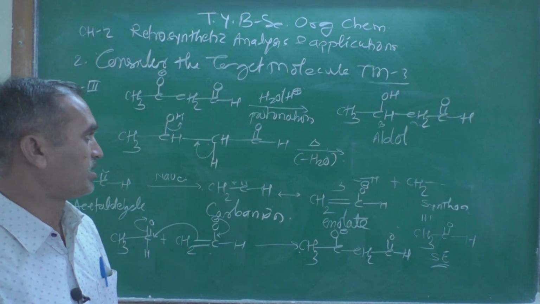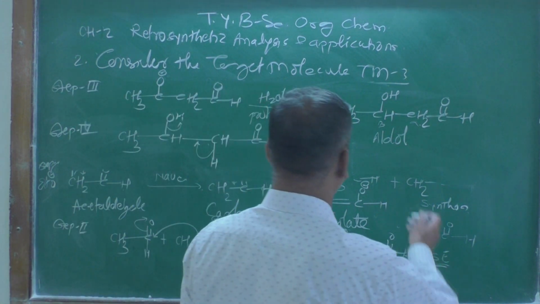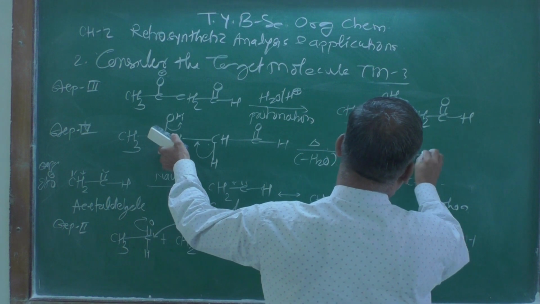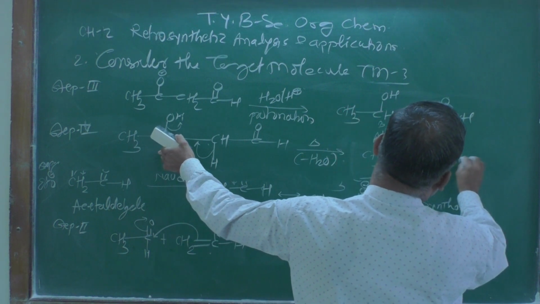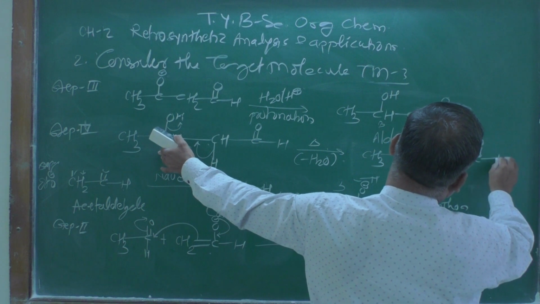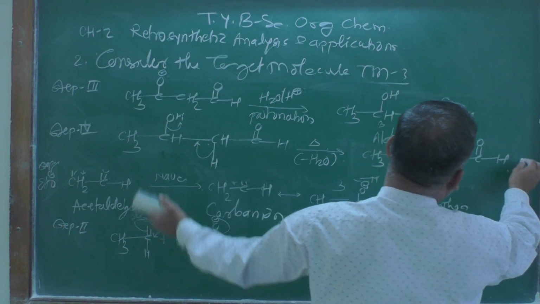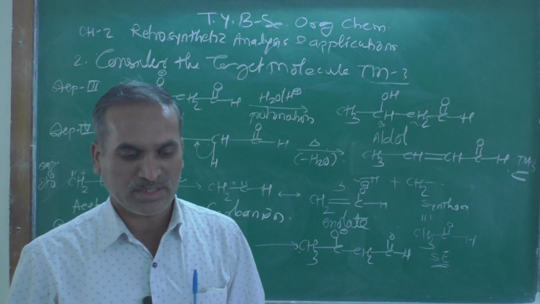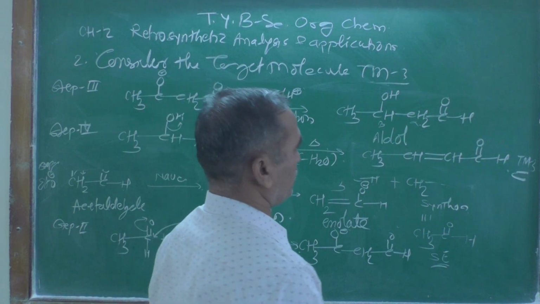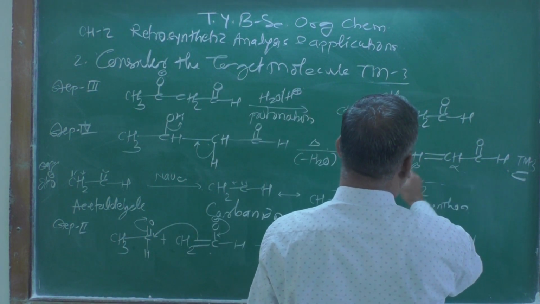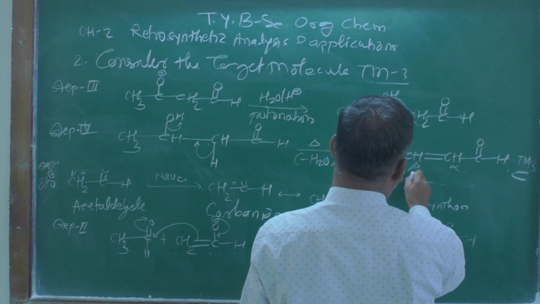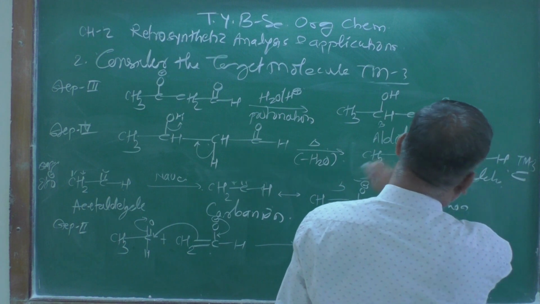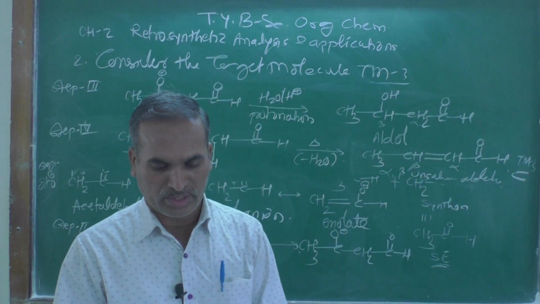This process is known as dehydration, and the product which we are going to get over here is CH3 then CH double bond CH and C double bond OH, and this is nothing but your target molecule 3, right? This is your TM, meaning target molecule 3, which is known as an alpha beta unsaturated compound, alpha beta unsaturated aldehyde here, and the common name of this compound is crotonaldehyde.